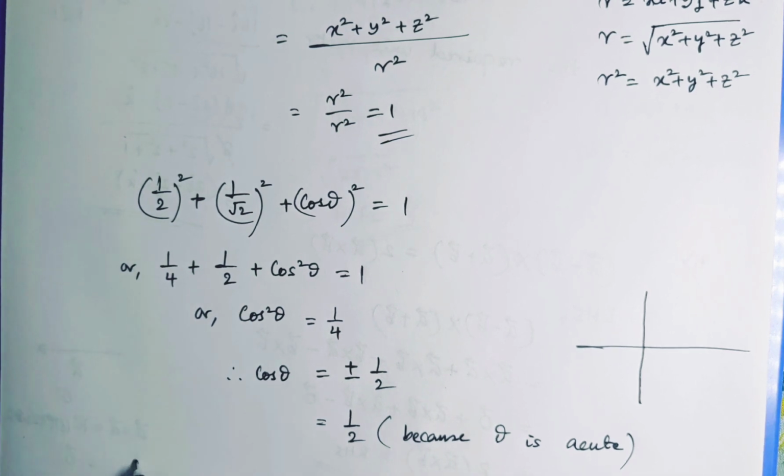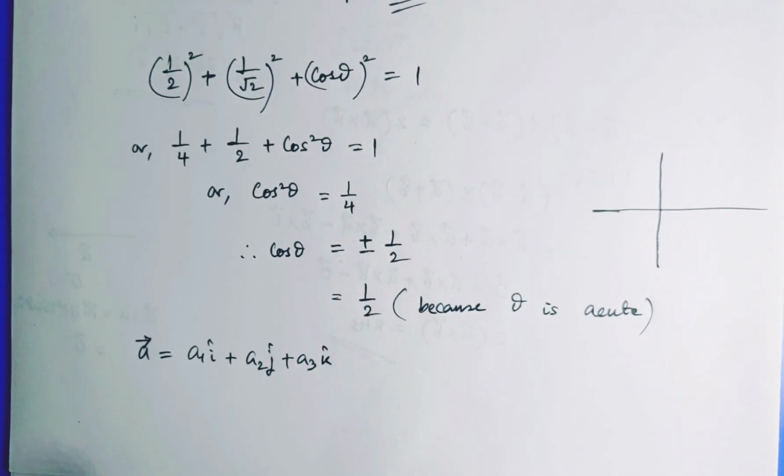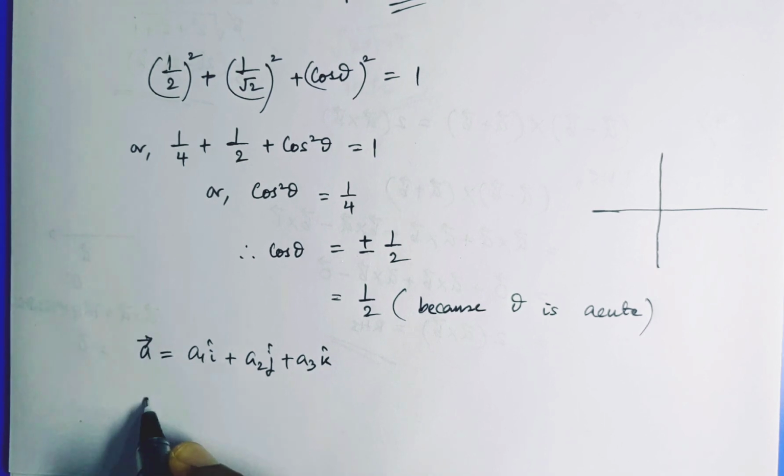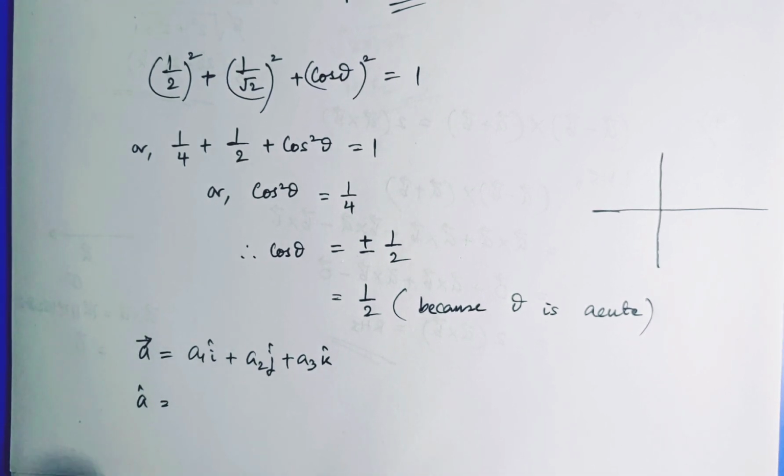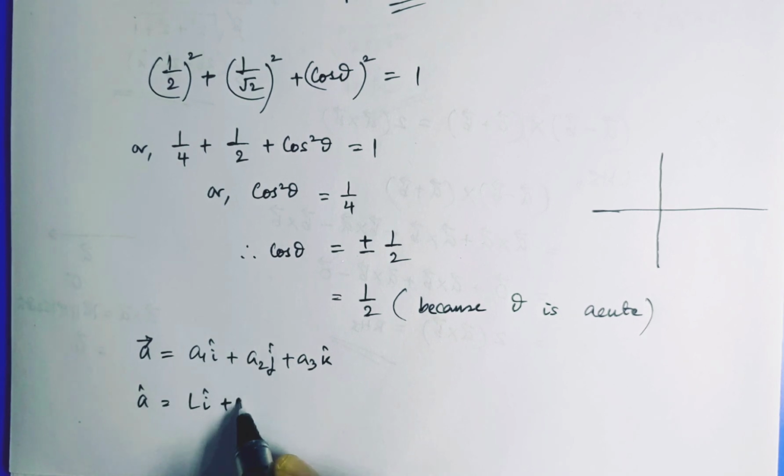Now one thing you see, a vector is given by a1 i cap plus a2 j cap plus a3 k cap, right? Clear? Now one very, very important thing. Here a vector is a unit vector, right? If a vector is a unit vector, then the components can be expressed in terms of the direction cosines.